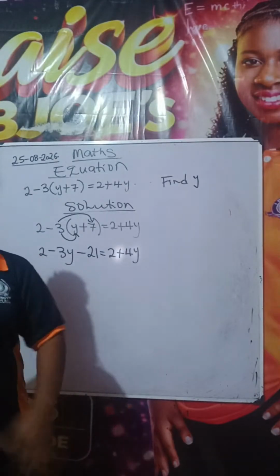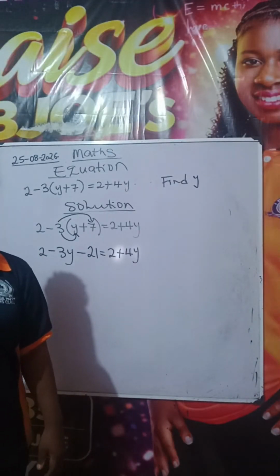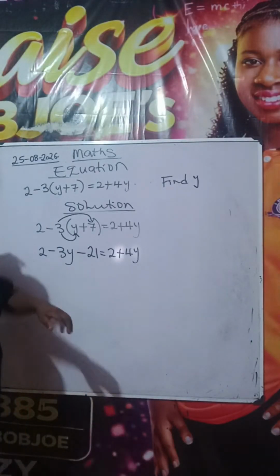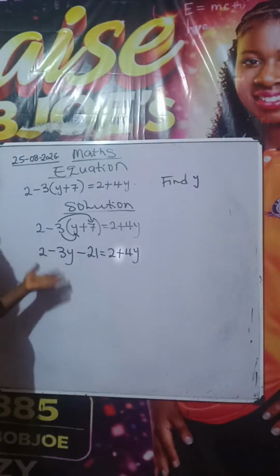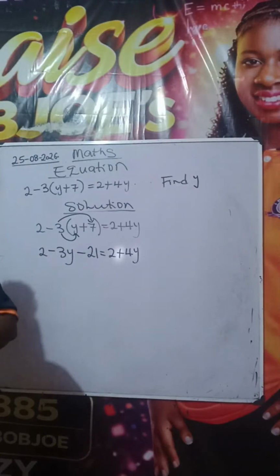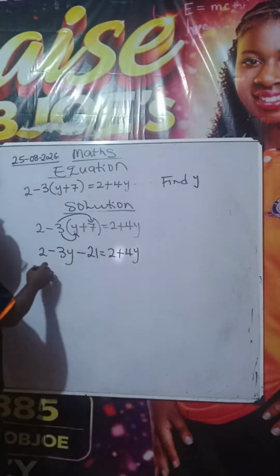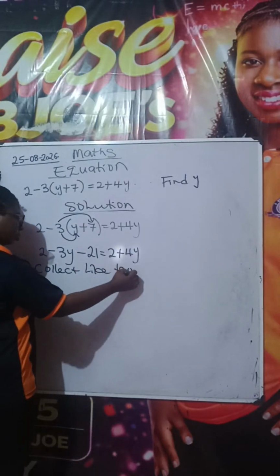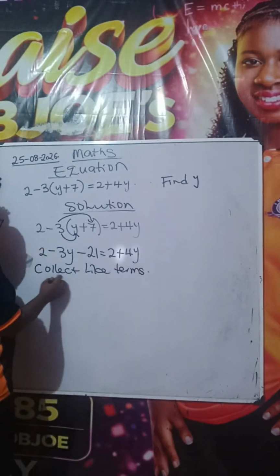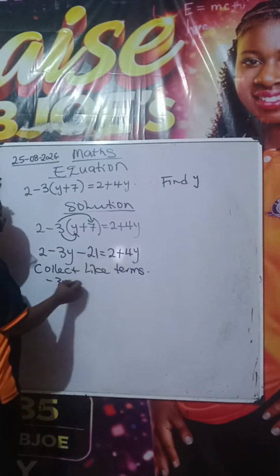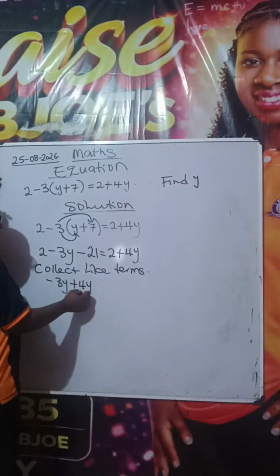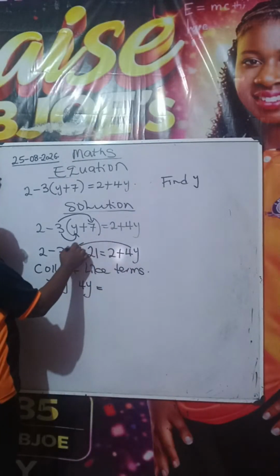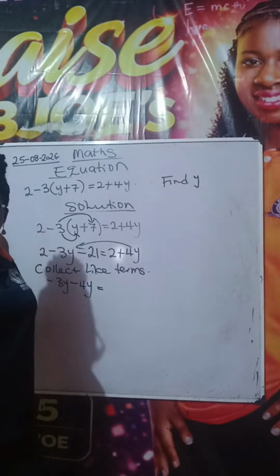Then what next again? The next thing to do now is to collect our like terms, now that the bracket has been removed. So that will be minus 3y plus 4y equals, but guys, it's not going to be plus; when you bring this one here, it's going to be minus.